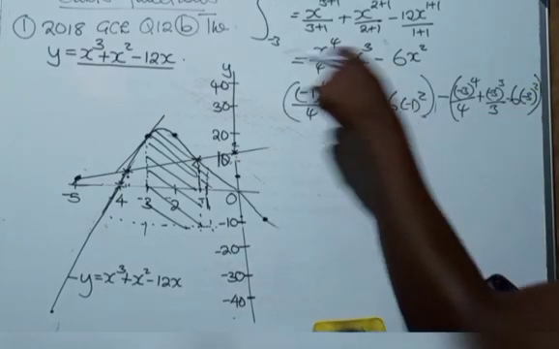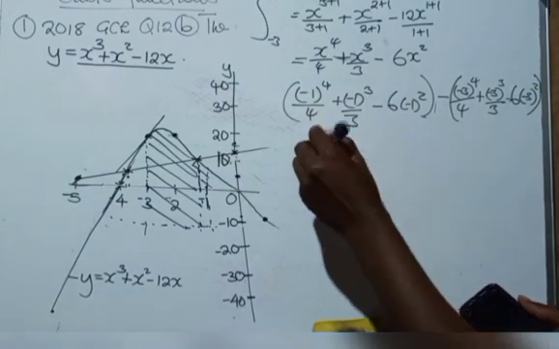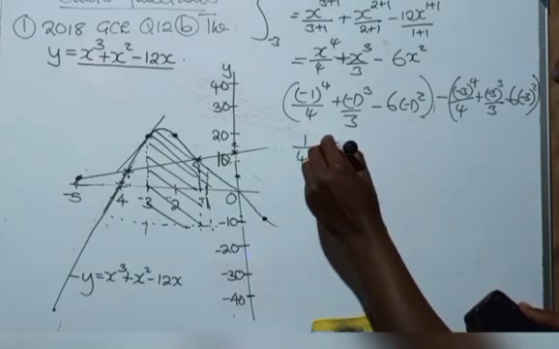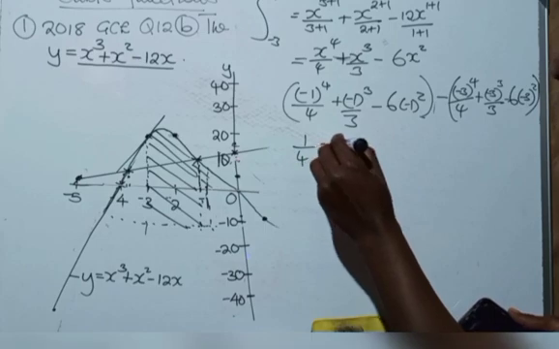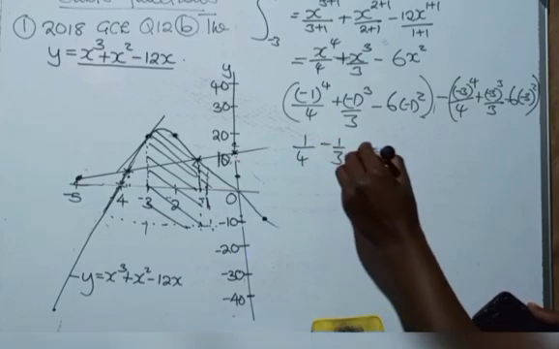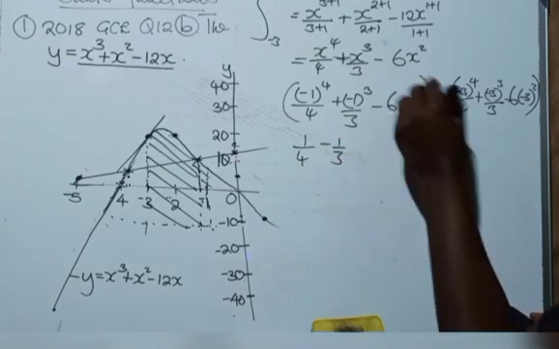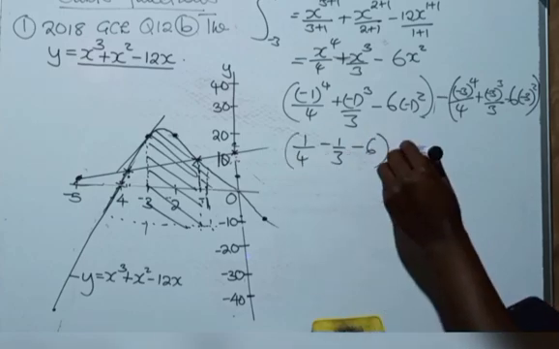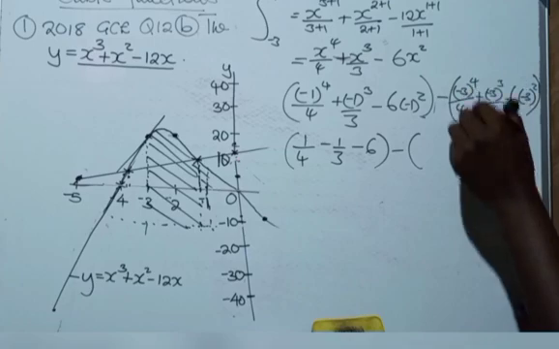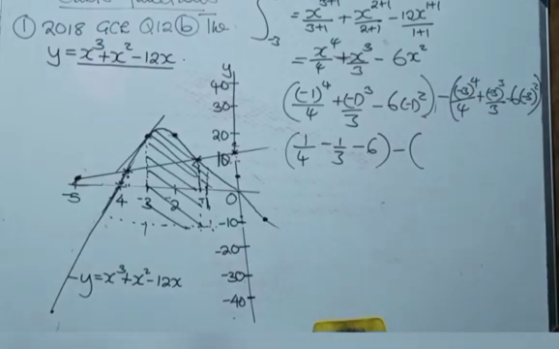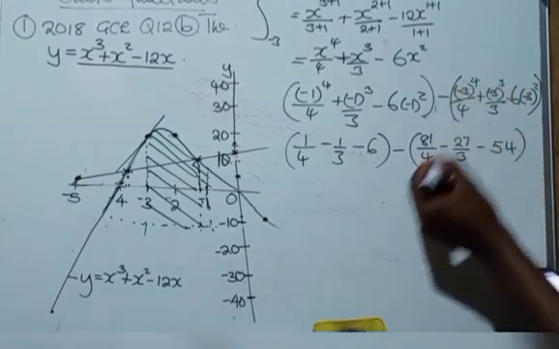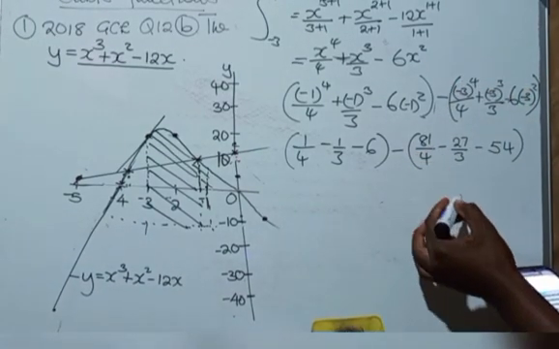Now, what is -1 to the power 4? The answer is just 1, so it will be 1 over 4. Then minus 1 over 3, then minus 6. Then for -3 to the power 4, that is 81 over 4.